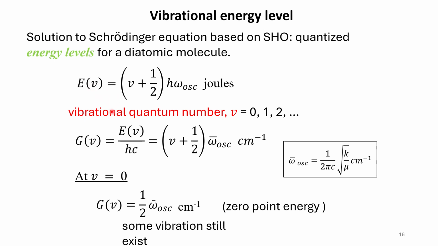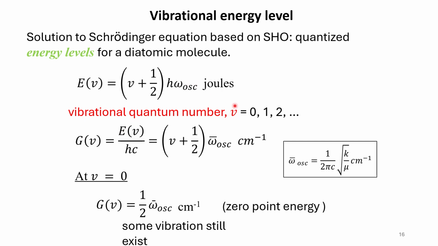The energy is defined by the vibrational quantum number. The value of the quantum number ranges from 0 to a very high integer value. So the energy for the vibrational level is equal to (v plus half) multiplied by the Planck constant multiplied by the vibrational frequency. The unit is joules. Okay, so we can convert these units of joule into wave number.